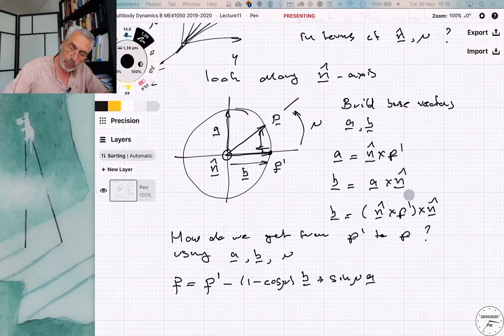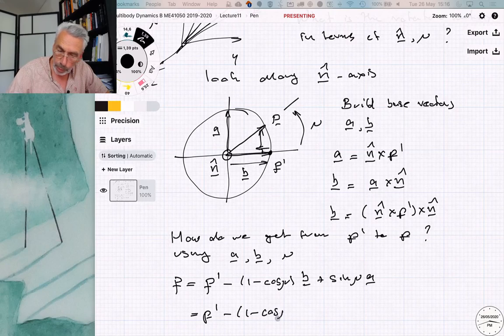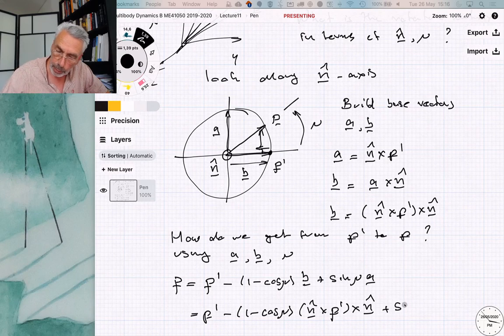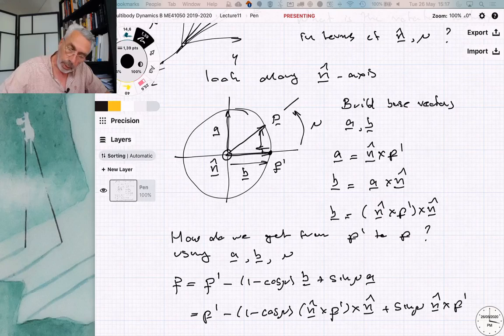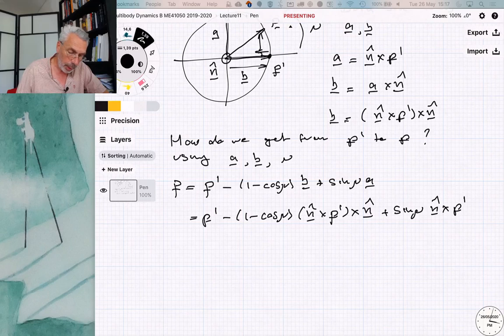Then we're going to substitute these expressions, right? So we get P prime minus 1 minus cosine mu times B, which is n hat cross p prime cross n hat, plus sine mu times A, and A was called n hat cross p prime. Okay, we're almost there.